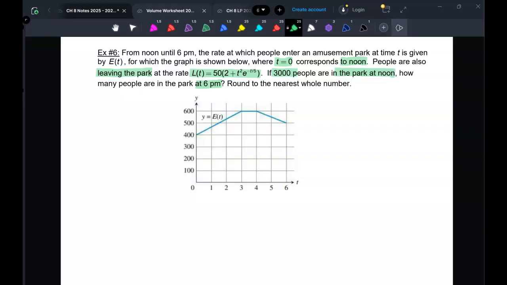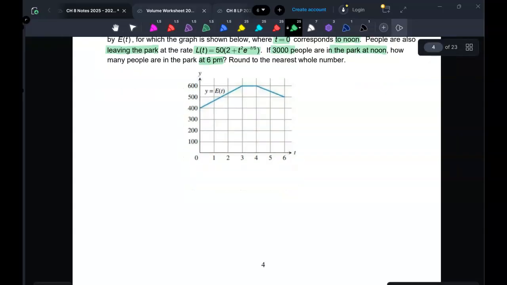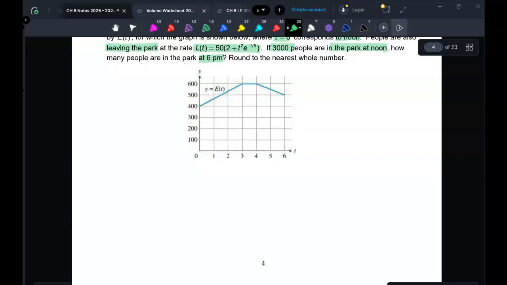Okay, so we've got 3 things going on. We have an initial condition: the amount of people at noon is 3,000. That's our starting point. People are entering at this rate. People are leaving at this rate. So what are we going to do? I'll call this A of t for the amount. We have 3,000 people to start, plus the integral from 0 to 6 of E of t dt.